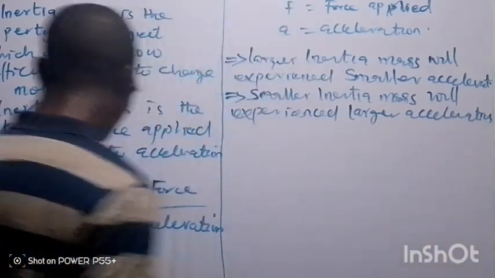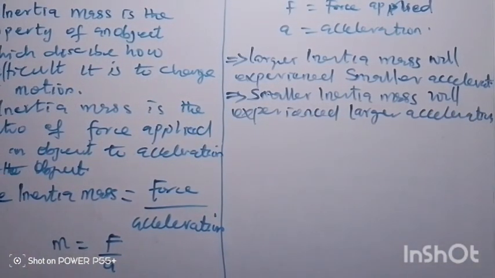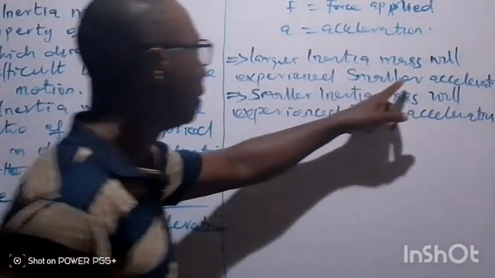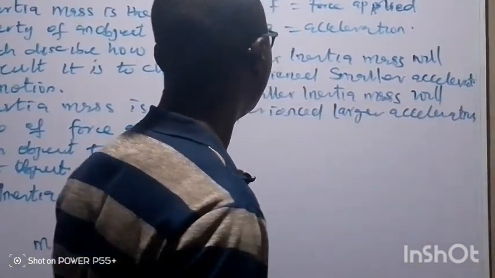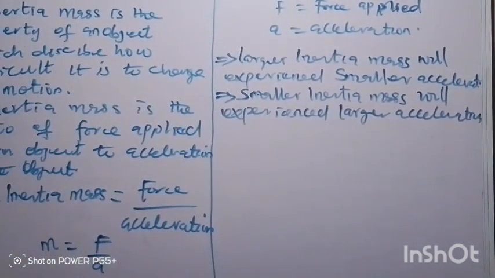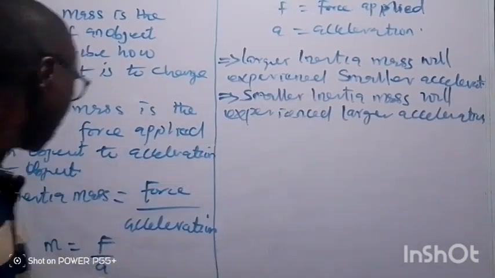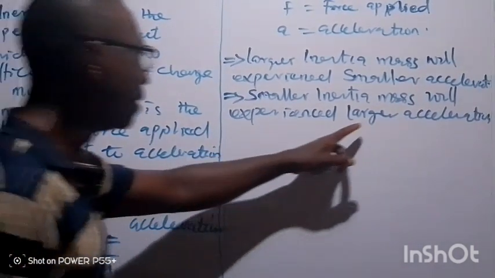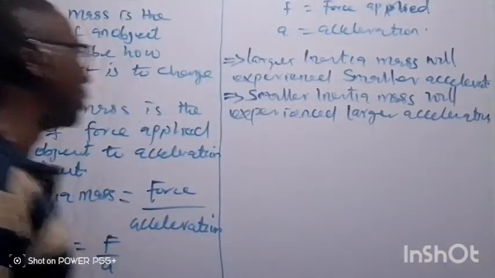That is, according to the equation, the more massive an object is, the smaller the acceleration produced. And the less massive an object is, the greater the acceleration it will produce.